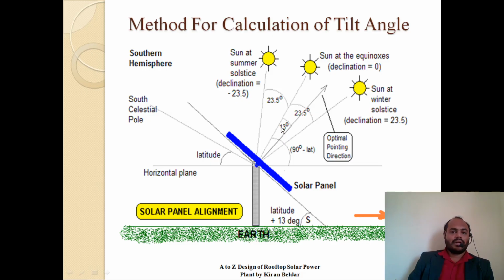In most of the earlier calculations, whenever we want to set a solar panel, we add 15 degrees, but approximately this angle is 13 degrees.